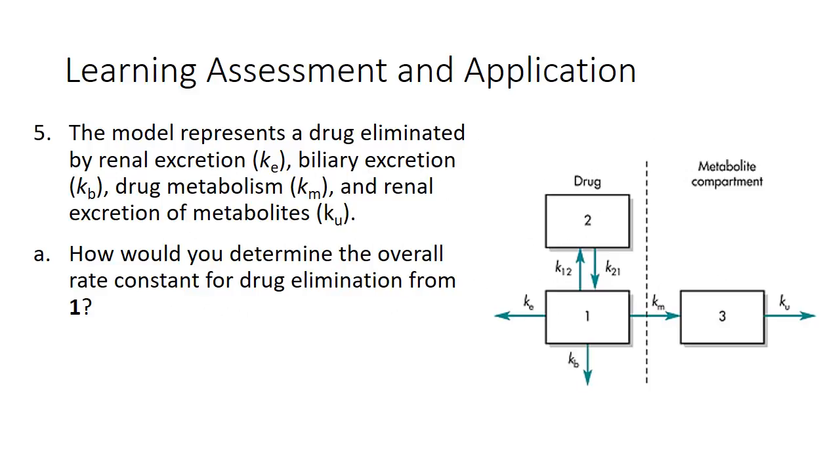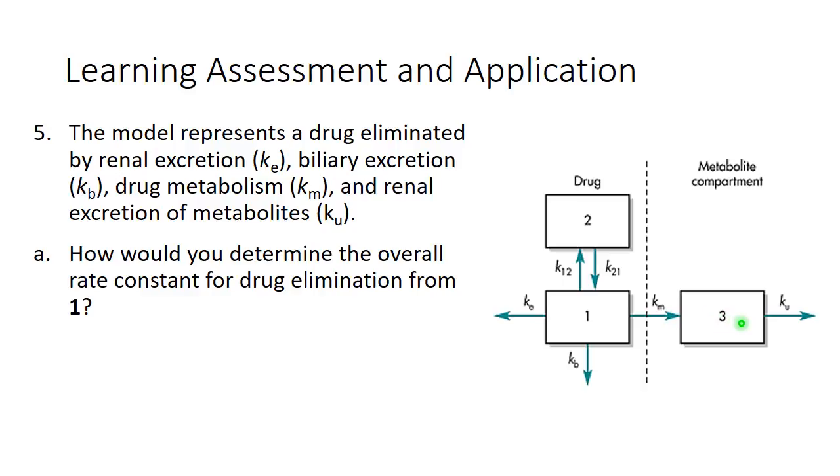Okay, so we're moving on to the next question. This model represents drug eliminated by renal excretion, biliary excretion, and metabolism. The drug is also distributed into compartment 2 from compartment 1, and vice versa from 2 to 1, so there's an equilibrium here.